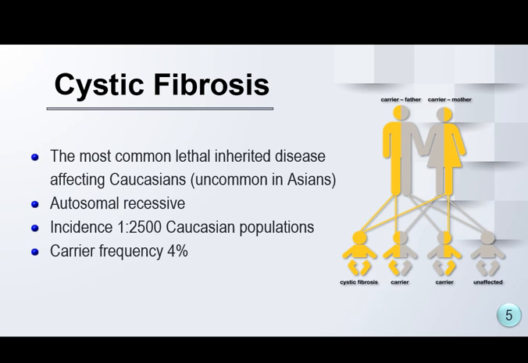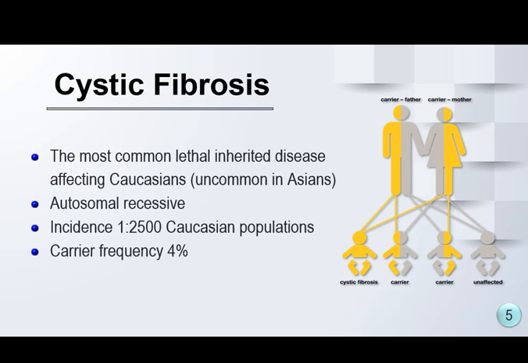We will introduce all these physiological conditions, how this gene is affecting your kidney or your lung or your endocrine system. In the Caucasian population, the incidence is 1 over 2,500. That means the carrier frequency is 4%. Do you know how to do the calculation? There's an equation.